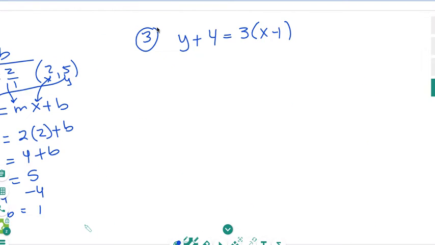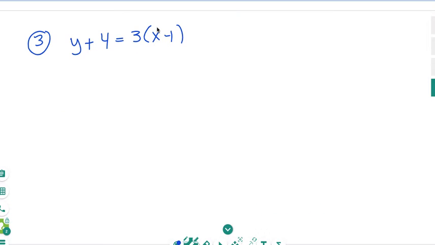Now I'm going to take a look at an equation that is given to me in point-slope form, and I'm going to put it into slope-intercept form. So the first thing that I'm going to do is distribute. I'm going to distribute the 3, so I'm going to get y plus 4 is equal to 3x minus 3.